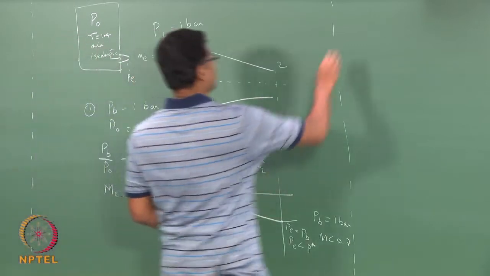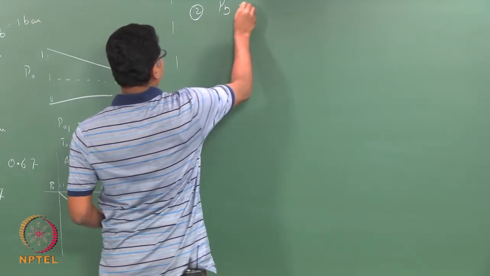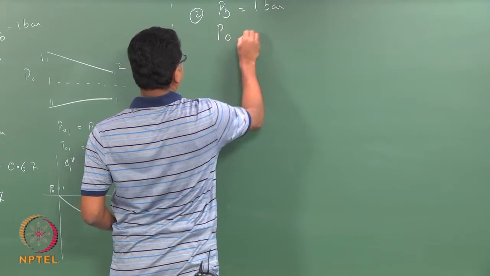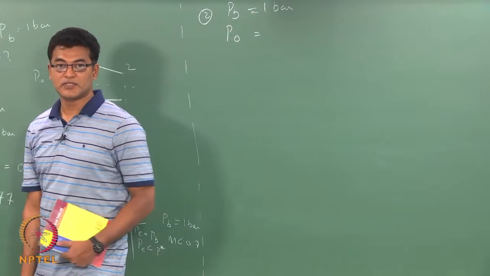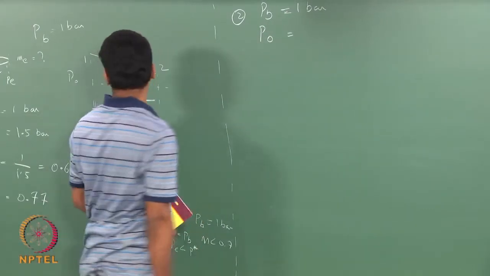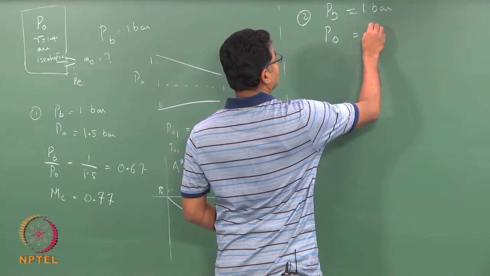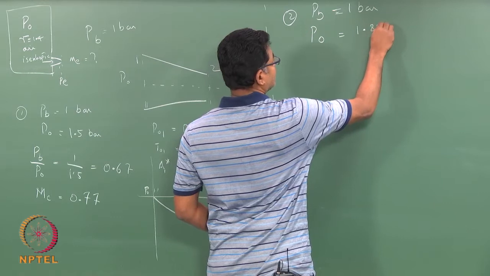Now, in the second case, I keep PB the same and I increase my P0. I have a tank with a larger pressure ratio, so let me put it as 1.89 bar.